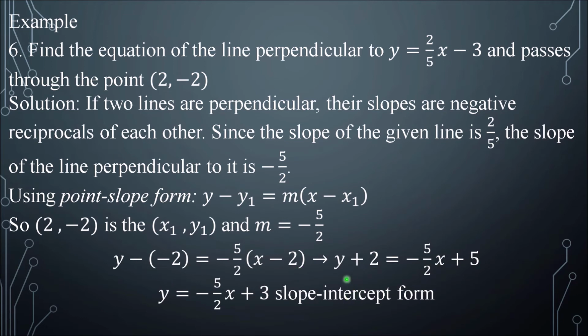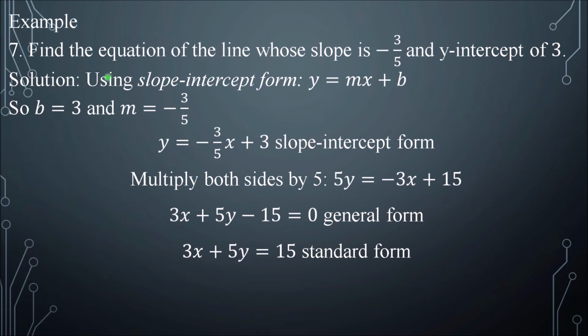Simplifying that, we have y plus 2 is equal to negative 5/2 x plus 5 after distributing negative 5/2 to x minus 2. So again, negative 5/2 times x is negative 5/2 x. Negative 5/2 times negative 2 is 5. Now we transfer 2 to the other side, so it will become negative 2. So 5 minus 2 is 3. Y is equal to negative 5/2 x plus 3 as our final answer in slope-intercept form.